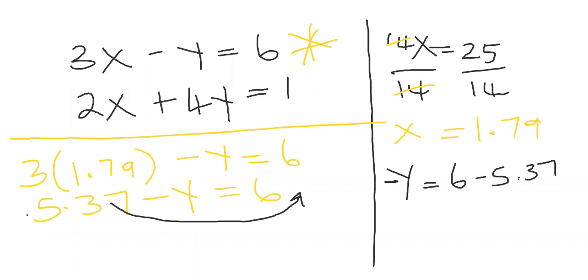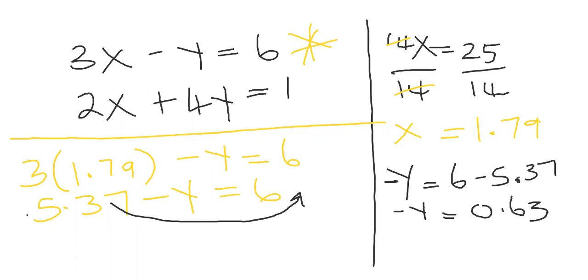The 5.37 is positive, so when it gets to the other side of the equal sign, it becomes negative. So negative y equals 6 minus 5.37, then you're going to get 0.63.